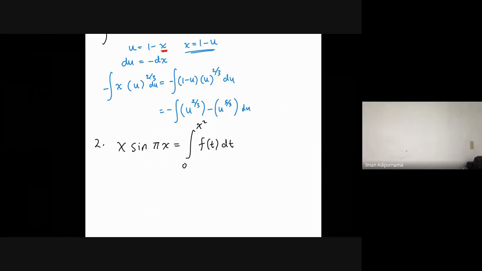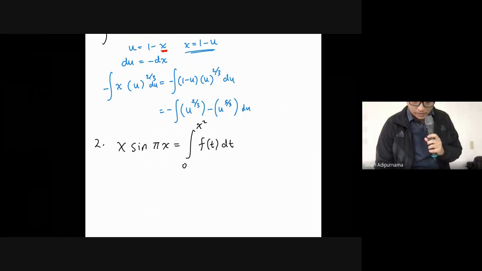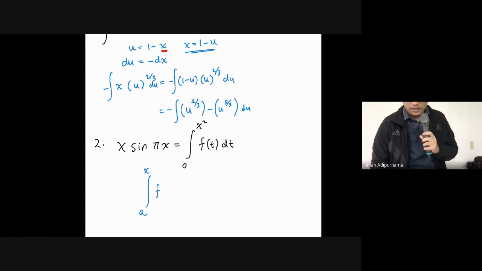Most of the problems in the fundamental theorem of calculus, you have these expressions and you need to differentiate them. To differentiate this, first, let me write the basic one. If you have the integral from 0, or maybe a, any constant, to x of f(t) dt.